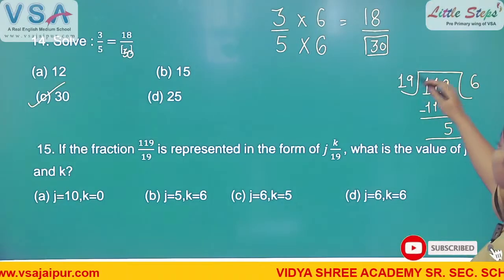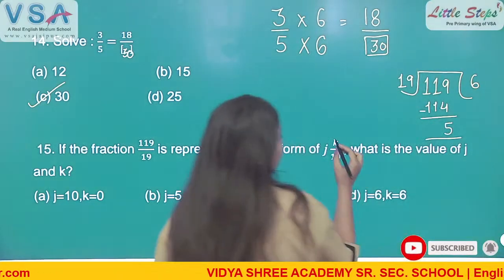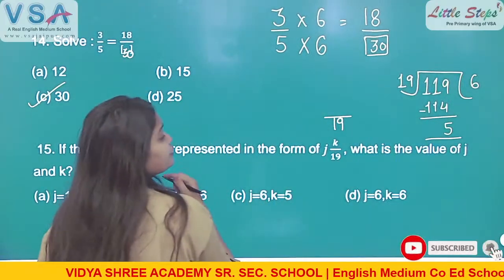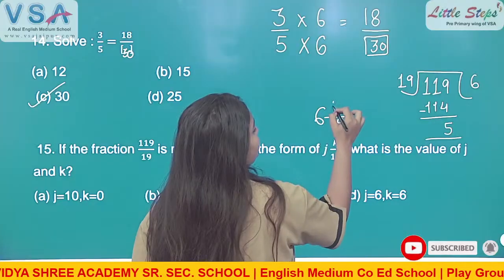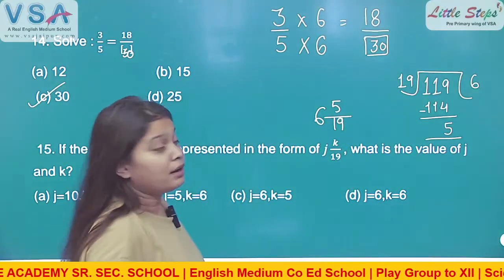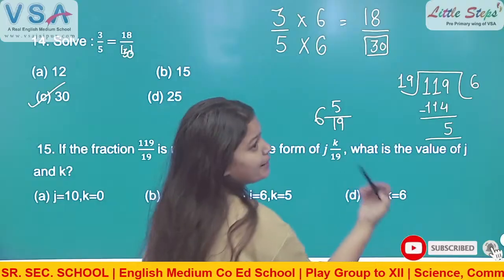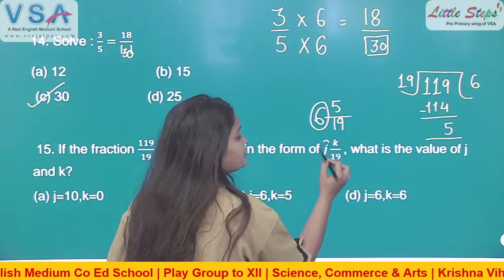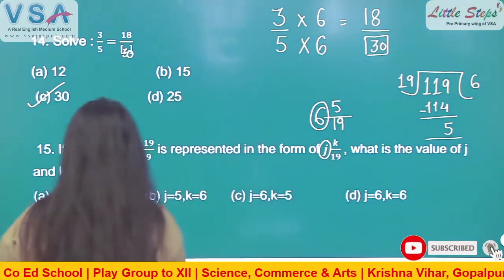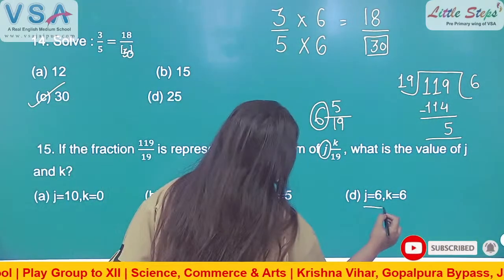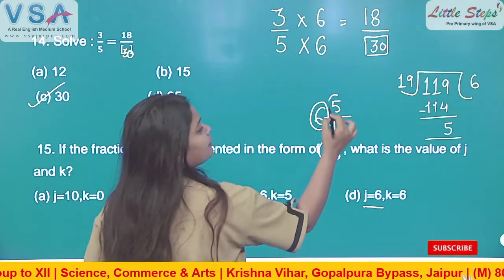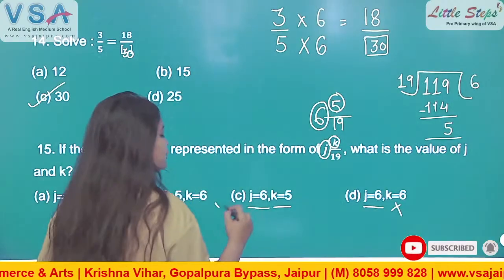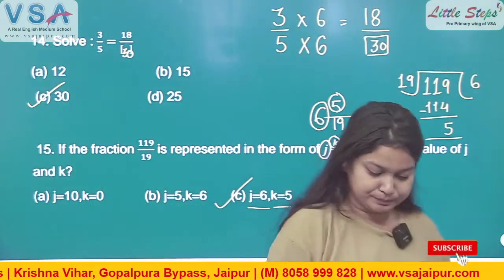Then we can write this as a mixed fraction like this: 19 at the bottom, on the left we have 6, and on the top we have 5. 6 and 5 by 19 is the mixed fraction, whereas j equals 6. So the value of j equals 6 in options C and D, and the value of k is 5. This is not the correct one. Option C is the correct answer.